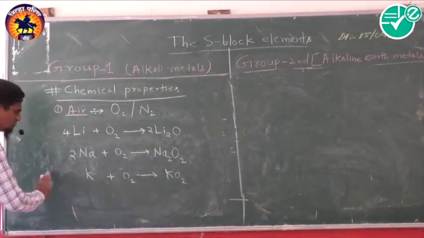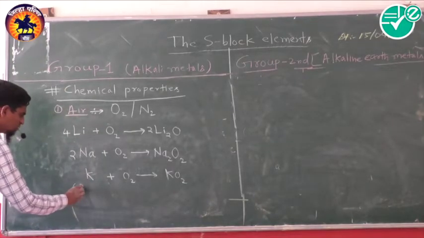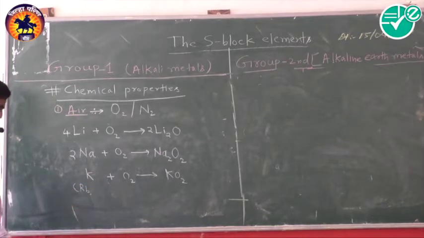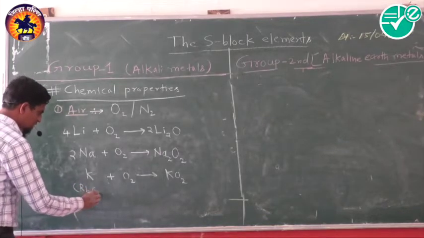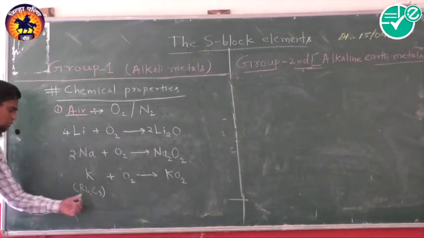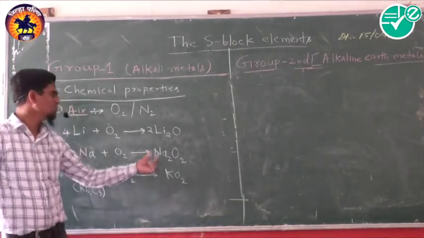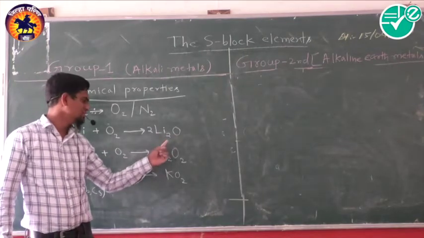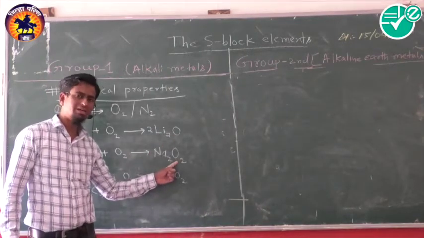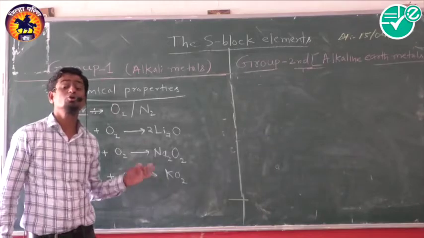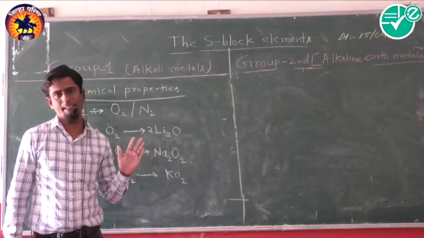Instead of potassium, you can also take rubidium or cesium, both can form this oxide. So you know this is lithium oxide, this is sodium peroxide, and this is potassium superoxide.